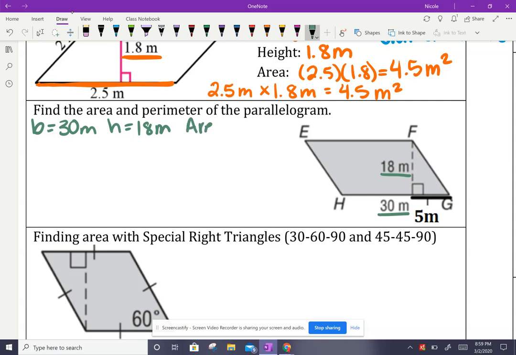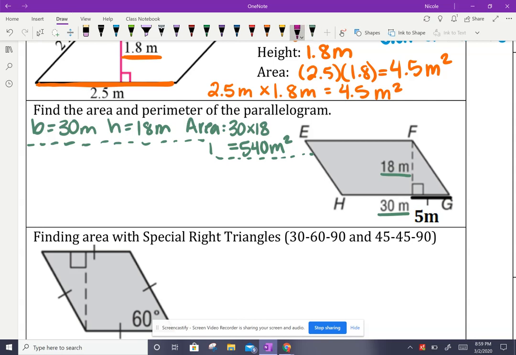So area is just going to give us 30 times 18, and 30 times 18 is 540 meters squared. So that's the first part. It says area and perimeter. So I'm going to have 2 steps here. So I'm going to just add some dash lines so that my area information is all together. And now I'm going to work on the perimeter.